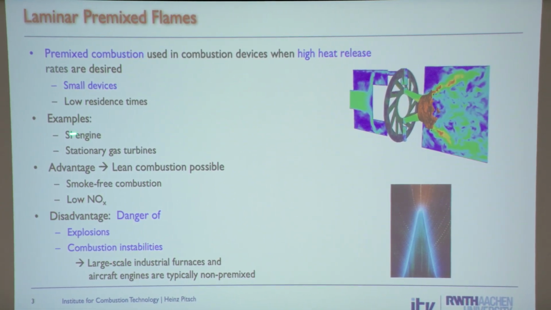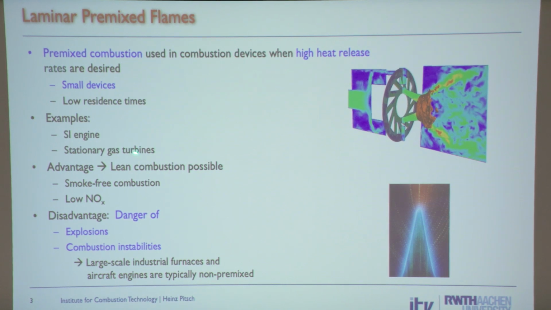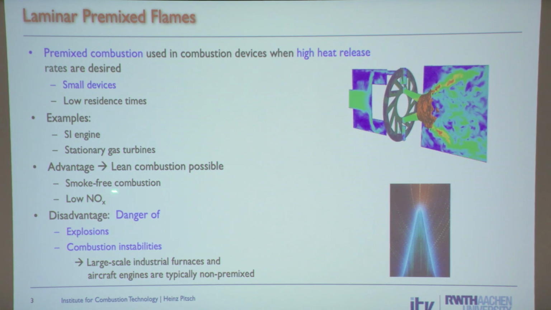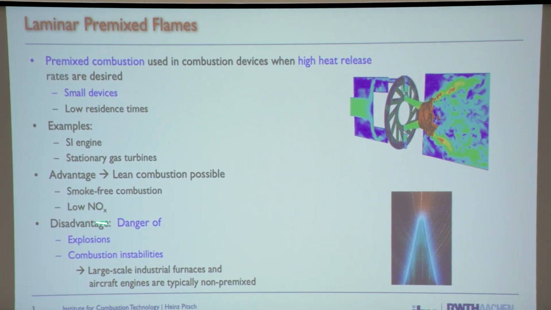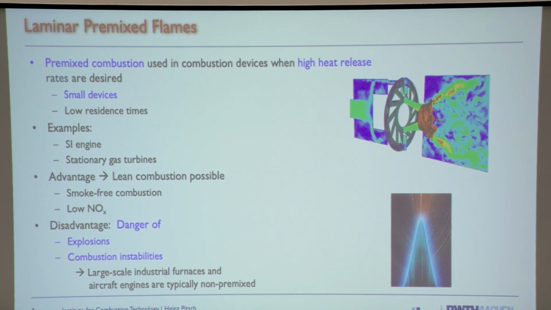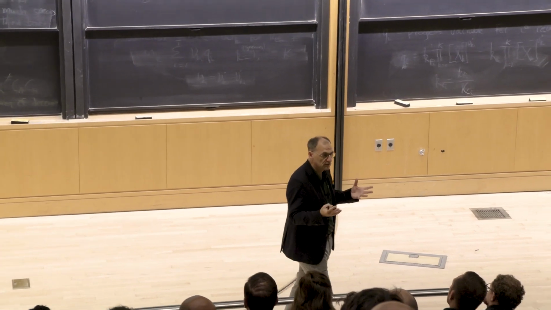So in spark ignition engines it's premixed, and stationary gas turbines are premixed, and here it is smoke-free for lean premixed combustion, smoke-free, low NOx. But the disadvantage is, of course, anytime you premix, there's a danger that something explodes.